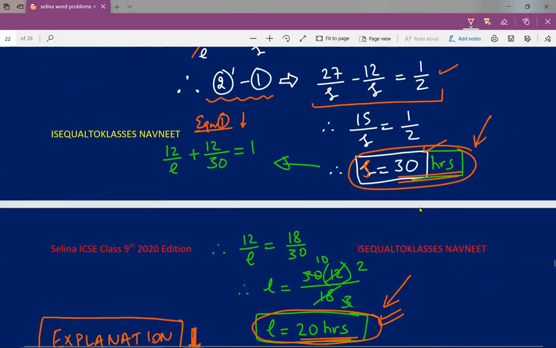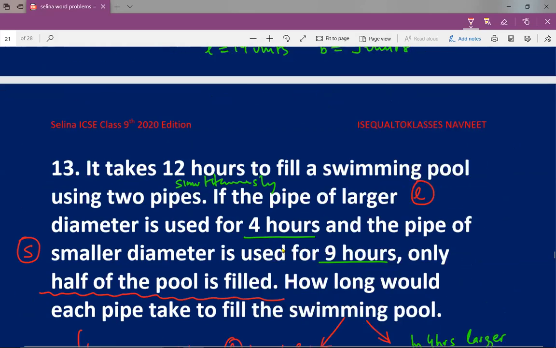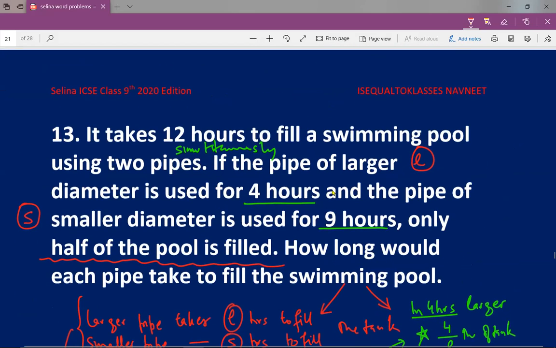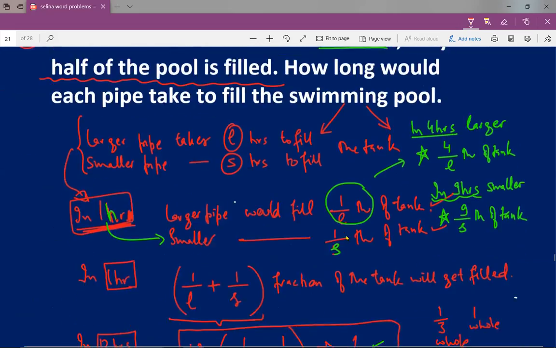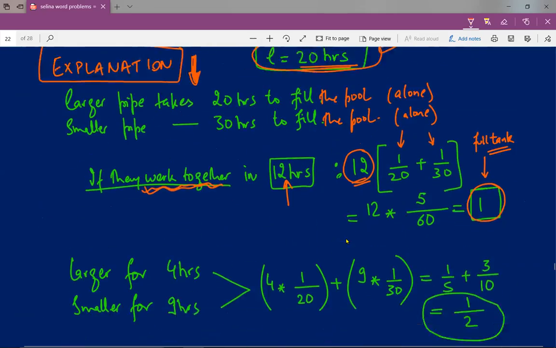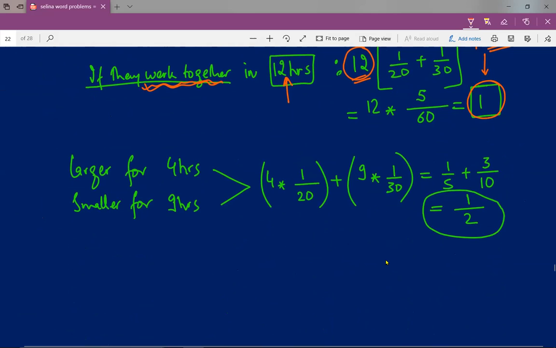And so this is the first line. The second line was that if the larger is used for 4 hours and the smaller is used for 9 hours, let us analyze that. When the larger works for 4 hours, this is the fraction of the tank that gets filled.